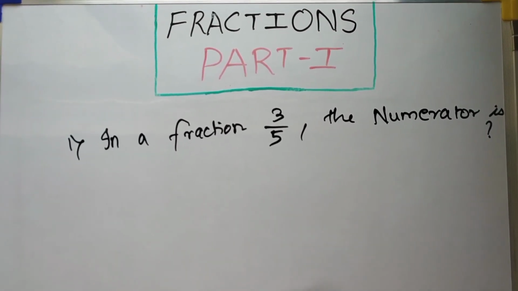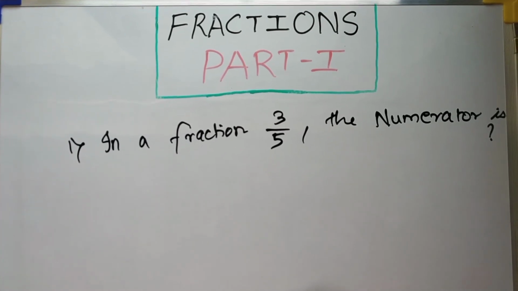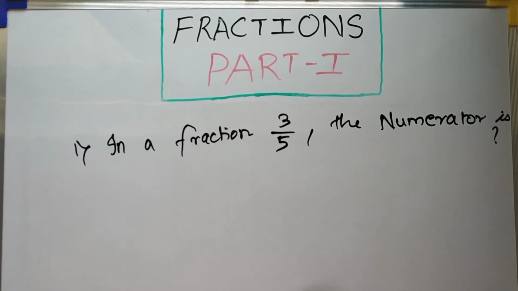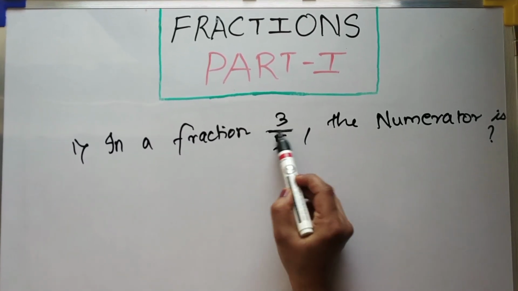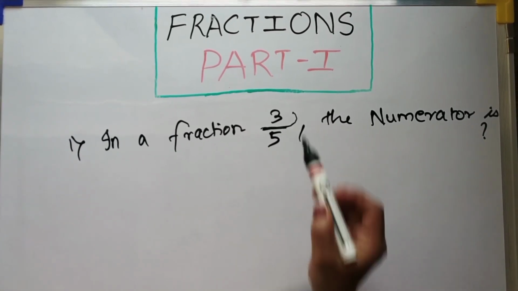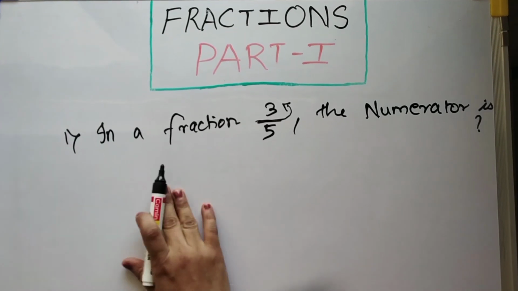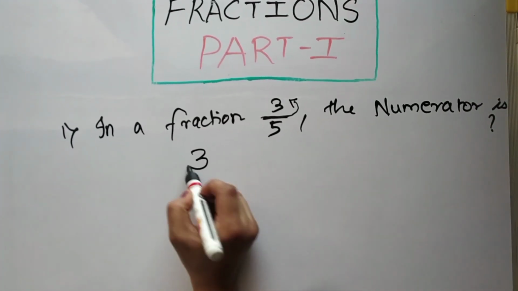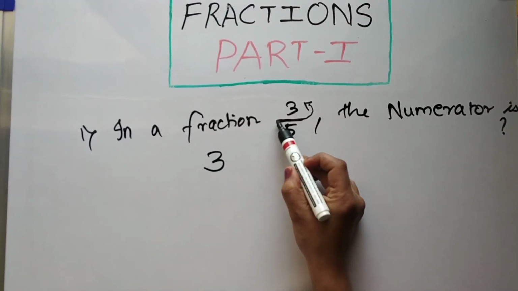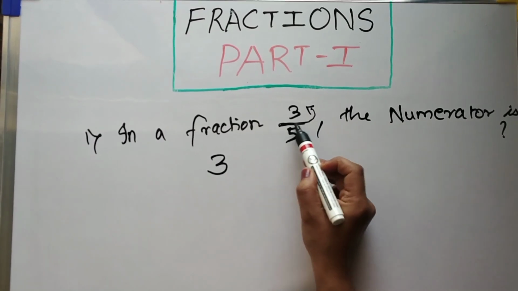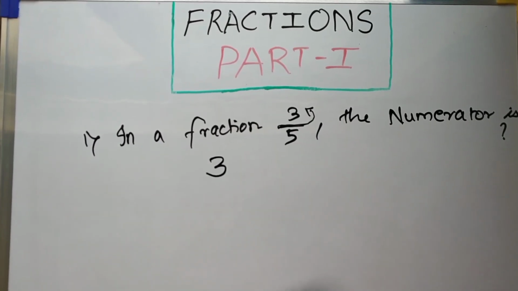What is the numerator in this? So, as we learned earlier, what is the numerator? The number which is above the bar. So, here the number which is above the bar is 3. So, our answer would be 3, since 3 is above the division line or it is above the bar.